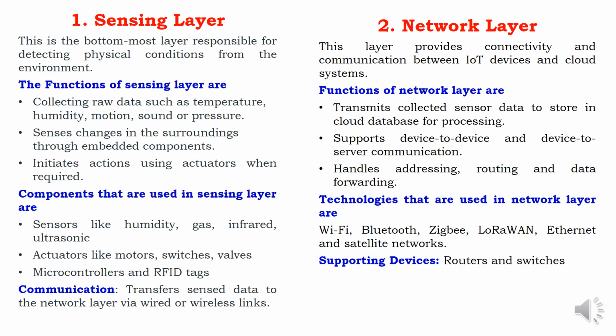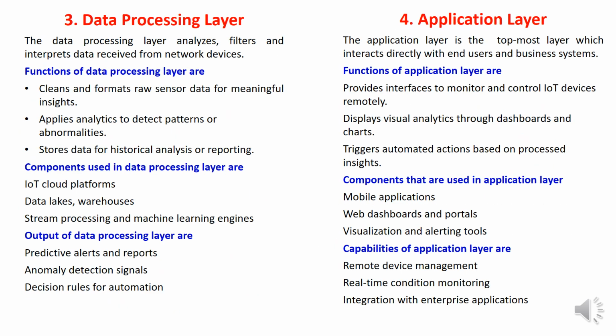Handles addressing, routing, and data forwarding. Technologies that are used in network layer are Wi-Fi, Bluetooth, Zigbee, LoRaWAN, Ethernet, and satellite networks, supporting devices, routers, and switches. Data processing layer. The data processing layer analyzes, filters, and interprets data received from network devices.